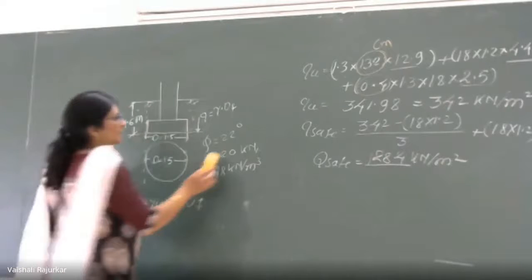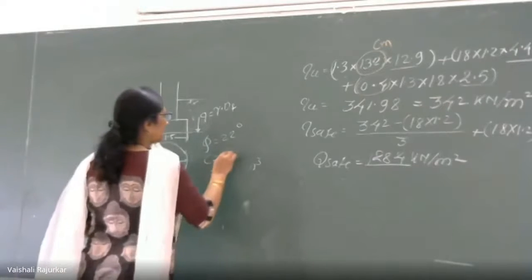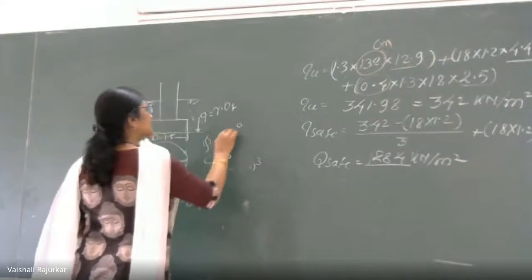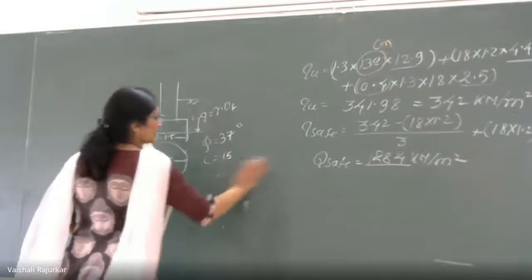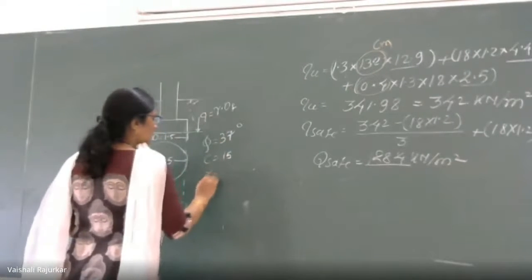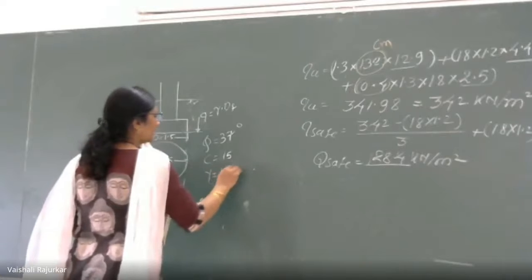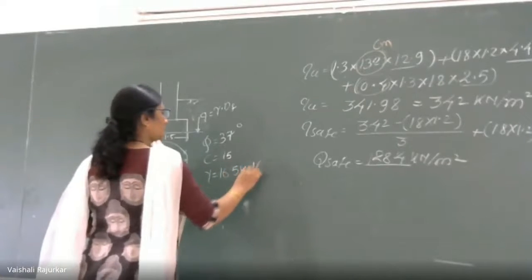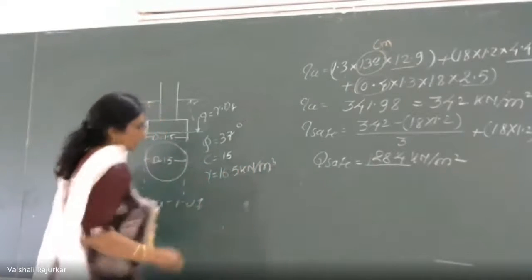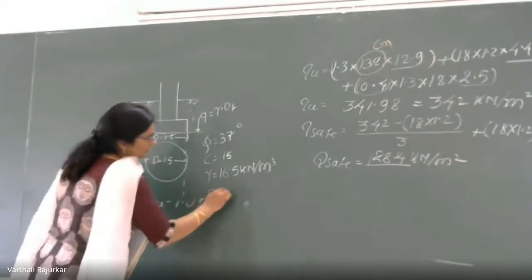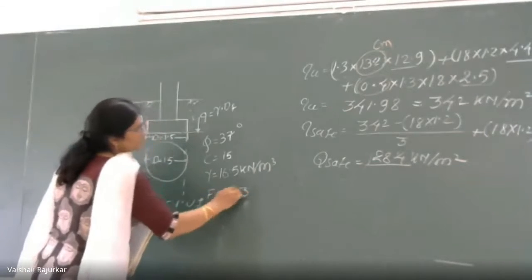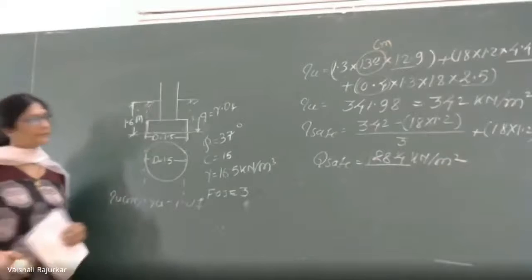Then the value of c is given as 15 and phi is given as 37. Gamma is taken as, suppose, 16.5 kilonewton per meter cube. Then the factor of safety is given as 3. So this much data is given.